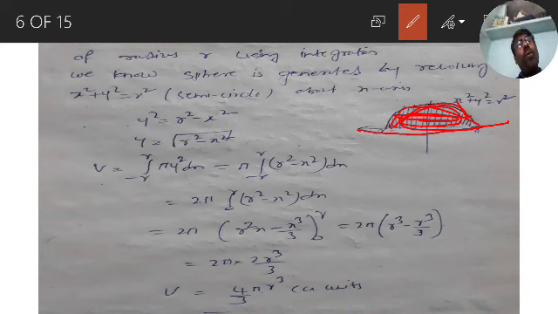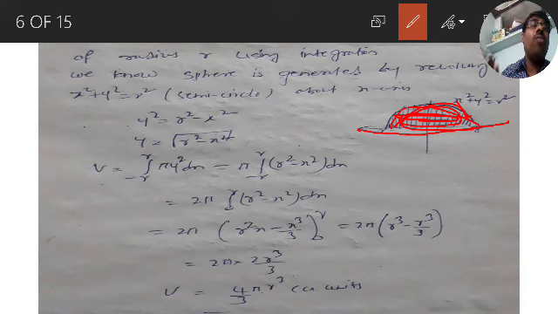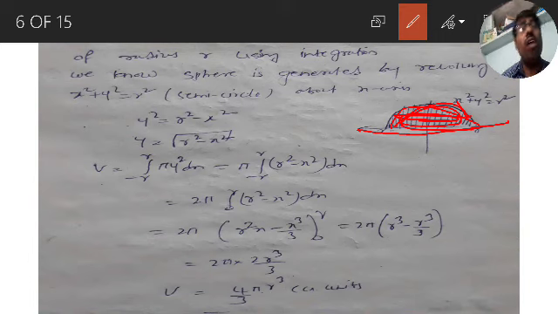So what you have to know is that when we revolve a semicircle about the x-axis, we get a sphere. If the semicircle radius is r, then we get a sphere of radius r. Are you getting, guys? So that's what I am writing here.